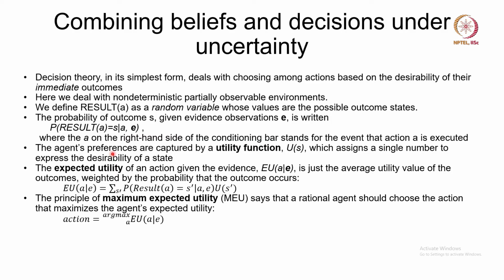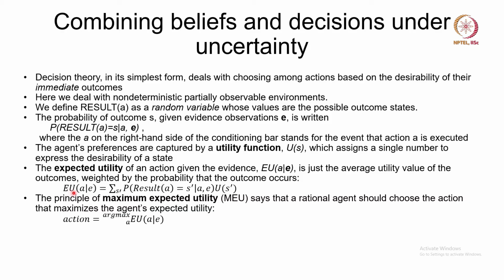And the agent's preferences are captured by what is called the utility function, U(S), the utility for a particular state S. Now the expected utility of an action given the evidence, EU(A | E), is the average utility value of all the outcomes that you can get.